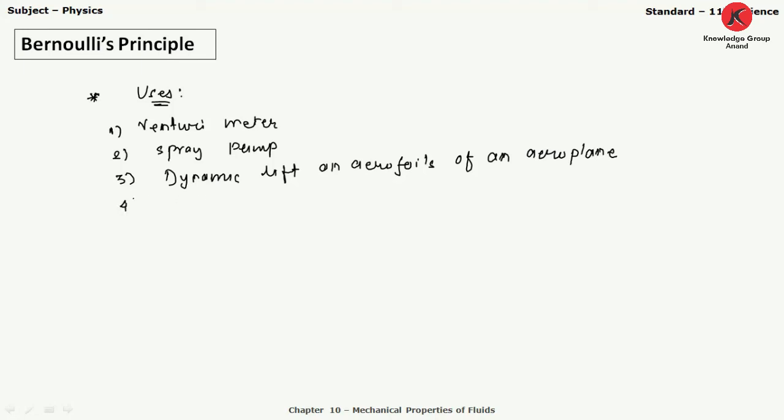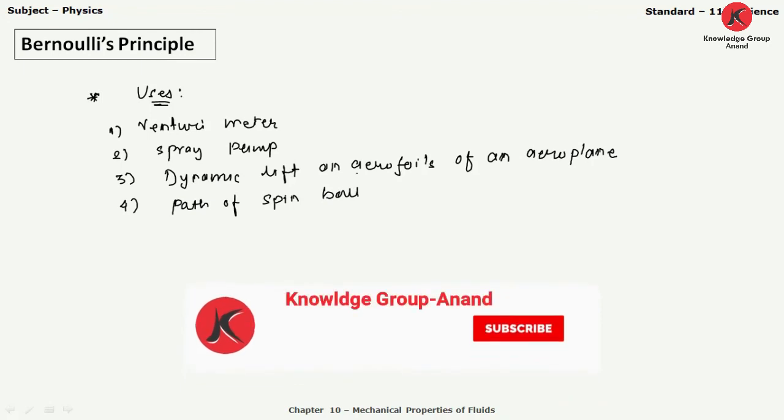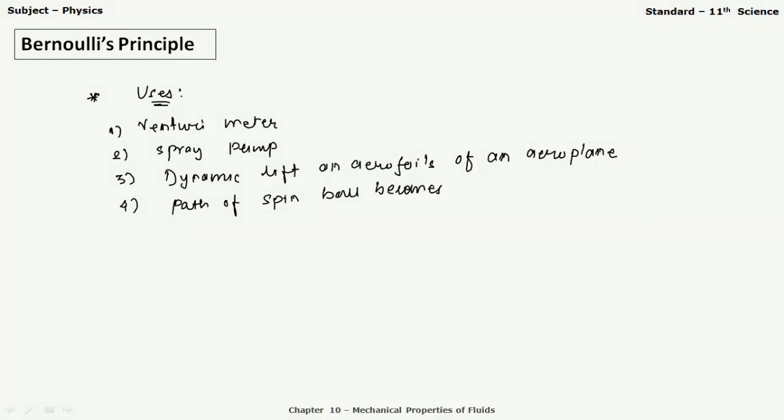And the last one is the path of a spin ball becomes parabolic. So these are mainly the four different uses of Bernoulli's principle.